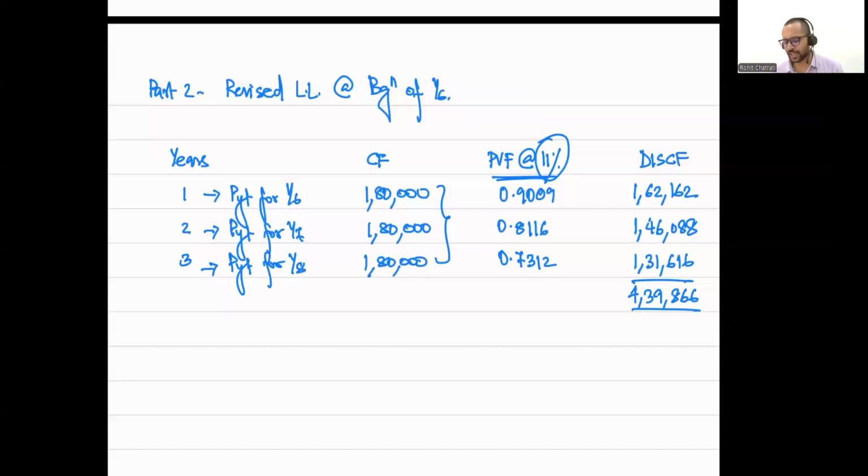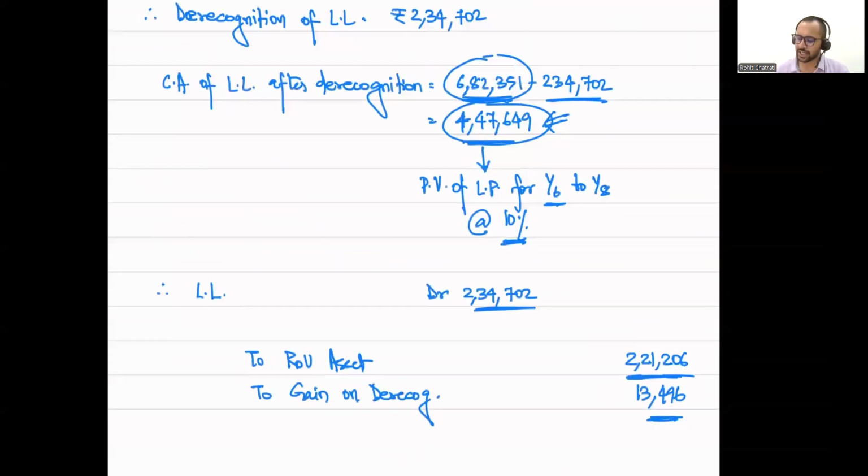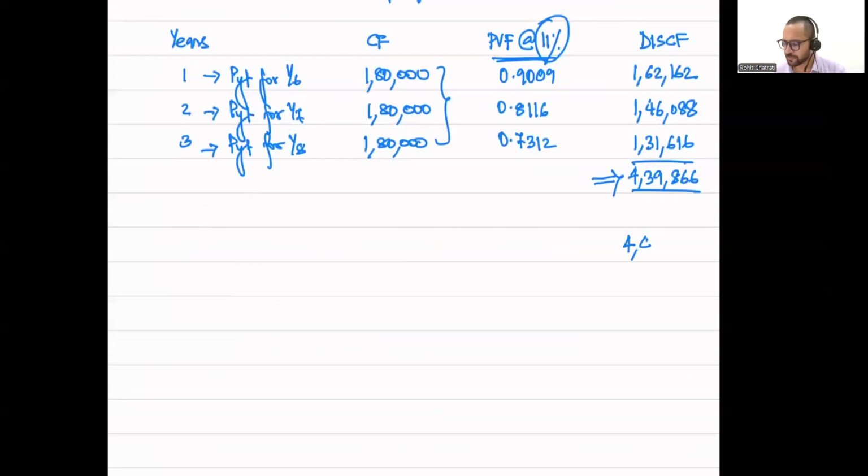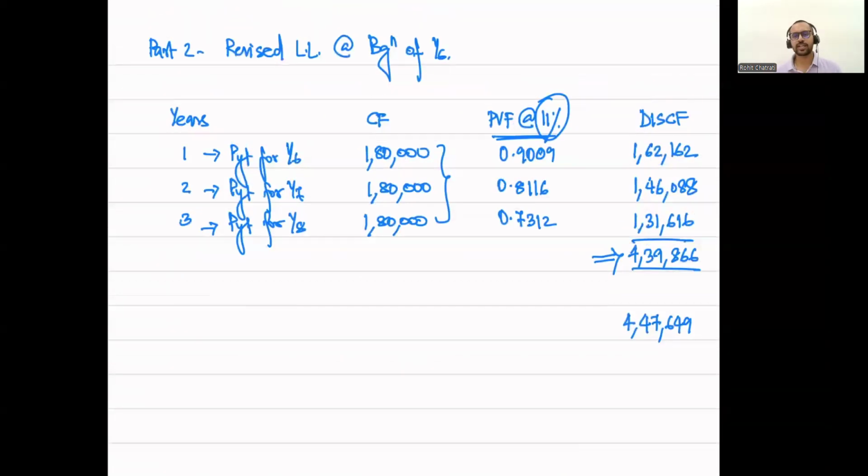Therefore, the cash flows are the same. The only difference is the discount rate, and hence you have a very small gap in the revised lease liability and the carrying amount. The carrying amount is 447,649, whereas the revised lease liability is 439,866. The gap is very small, and the gap is only on account of change in discount rate.